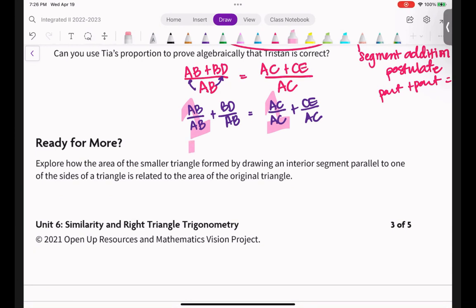So I'm going to subtract 1 from both sides. And notice that cancels. 1 minus 1 is 0, right? AB divided by AB is 1. If you don't know why, just take any number and divide it by itself. What do you always get? The answer is 1, except for 0. Okay, so I just like to do that.